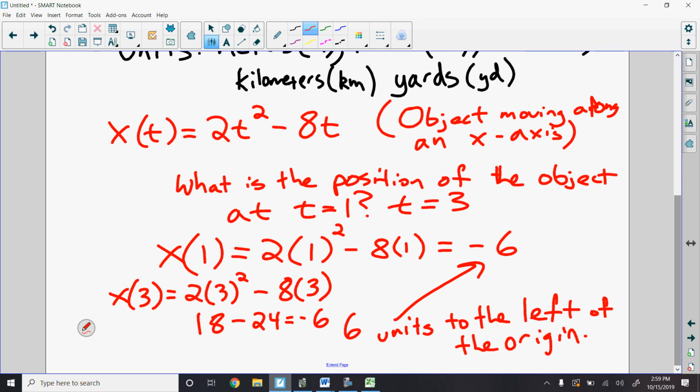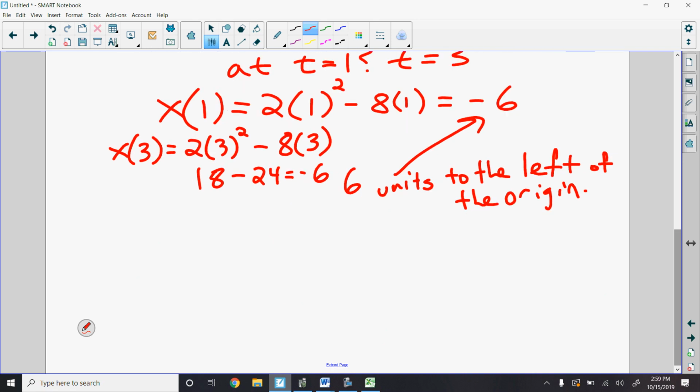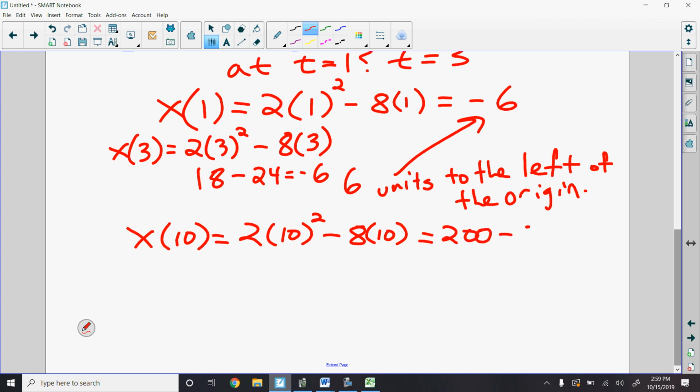Let me just write that out for you. Again, this positive 120 means 120 units right of the origin.